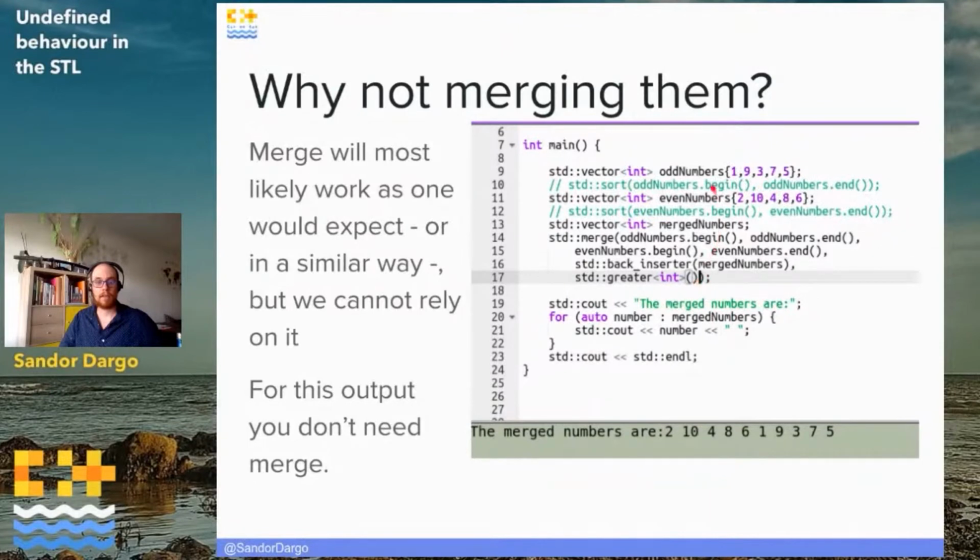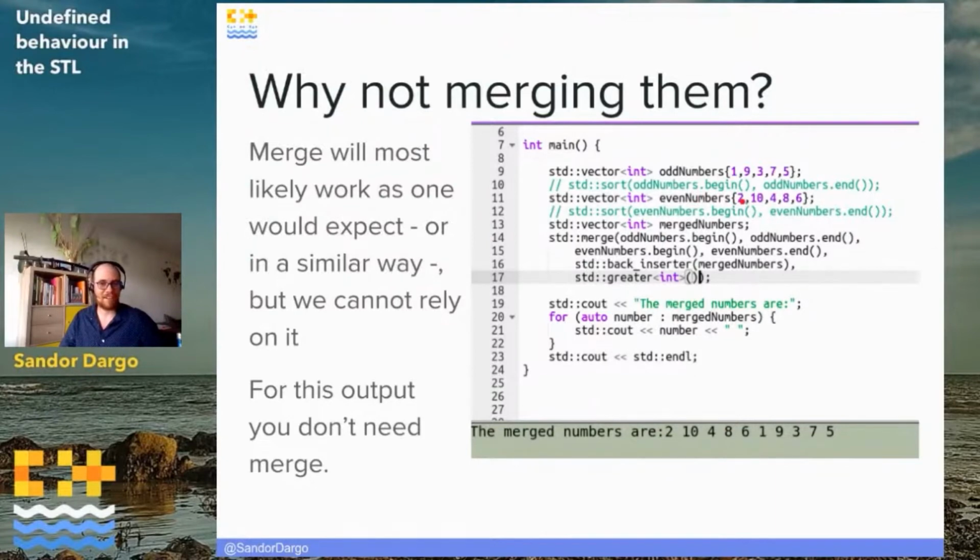And then you had the odd numbers because it started with the smaller number. So you try to merge with std::greater, and first you got all the numbers from the vector that starts with the greater number.